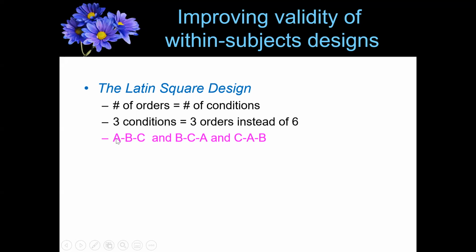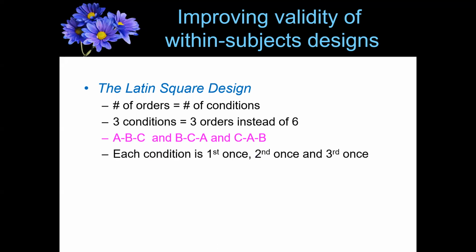But either way, you're going to move everything either right or left, the same number of times as there are conditions. So you're still in some way maintaining the order, but every condition is going to be appearing equally often at each spot, so to speak.